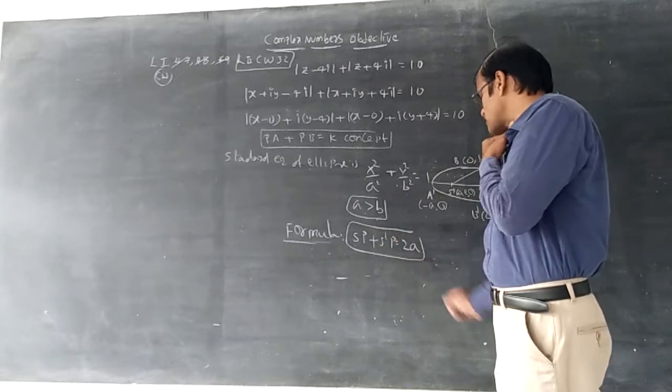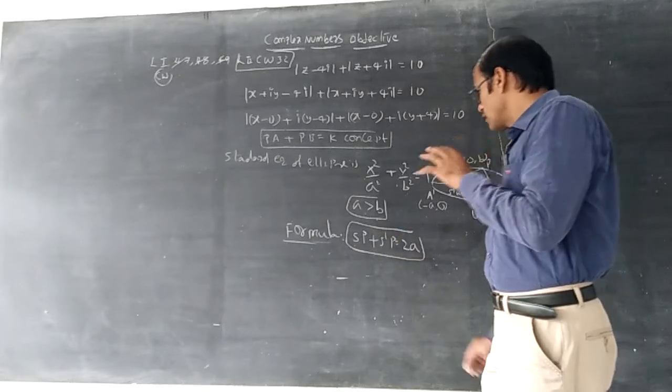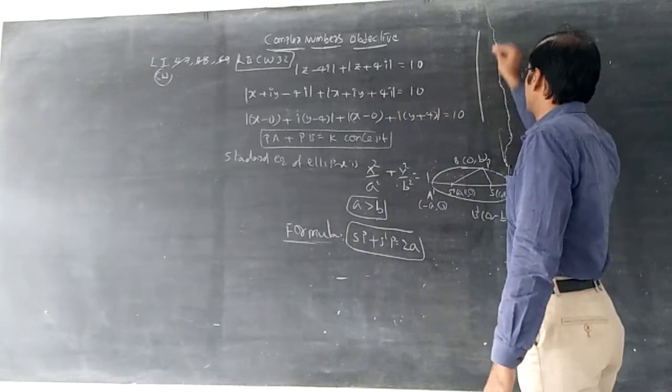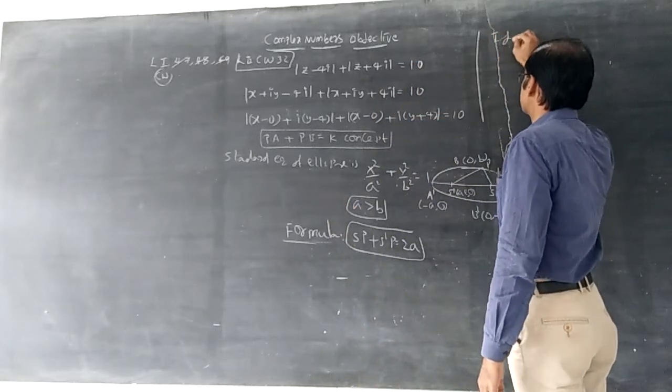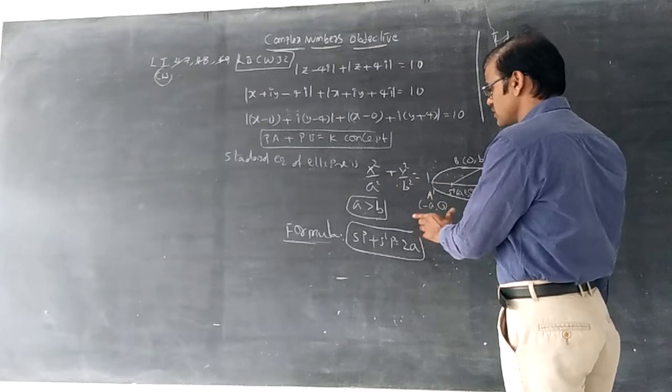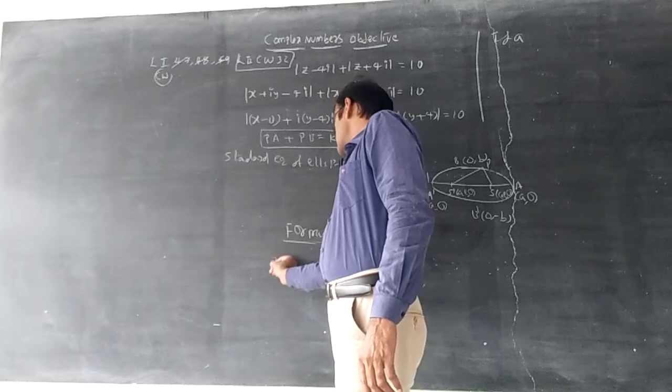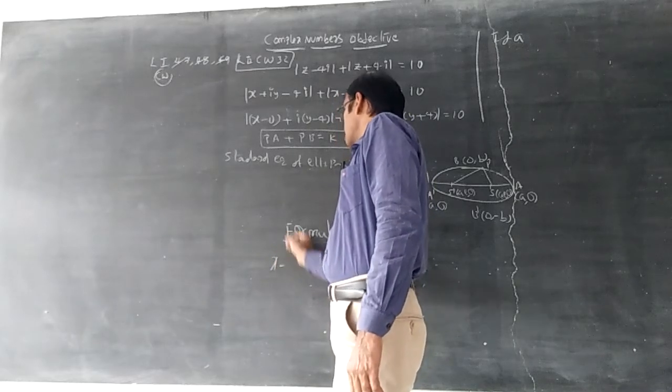Okay, so here S dash P is equal to 2A, if the condition is A greater than B. If A is greater than B, you will get x minus something.